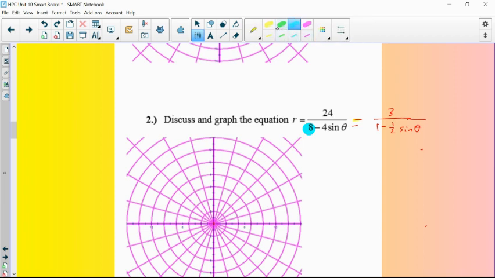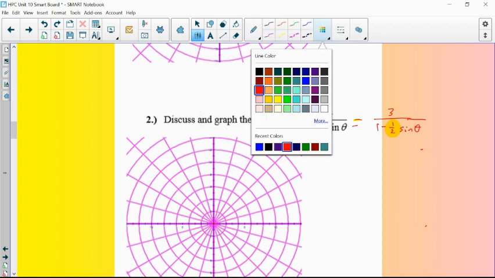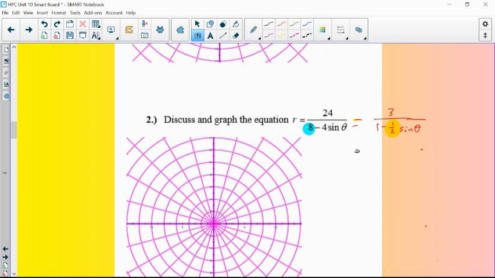So the coefficient in front of sine, in this case 1/2, that's my eccentricity. My eccentricity being 1/2 tells me that this is going to be an ellipse, since eccentricity is less than 1. It also tells me that my E times P value is 3.